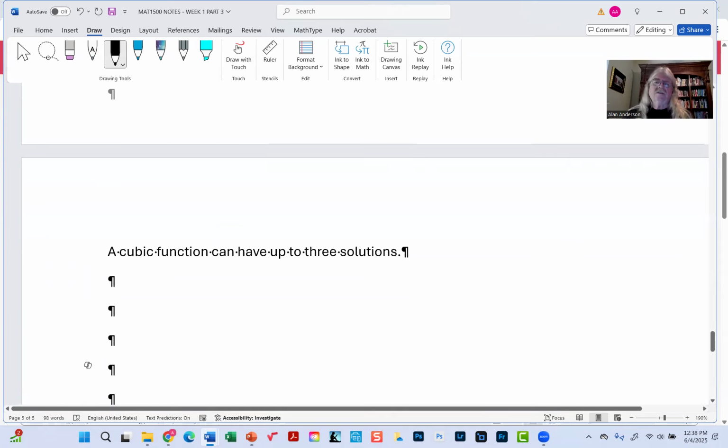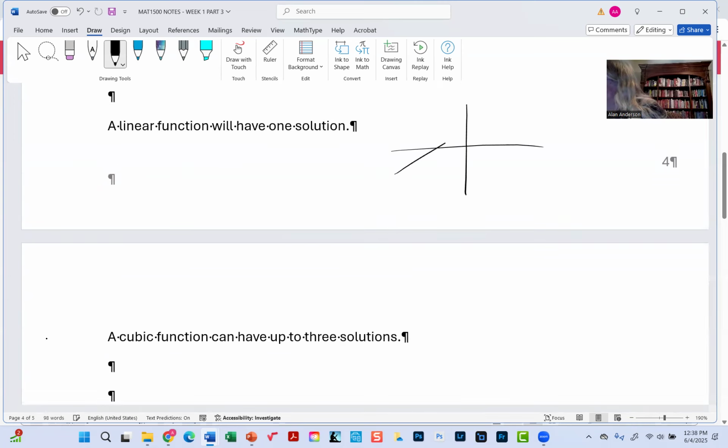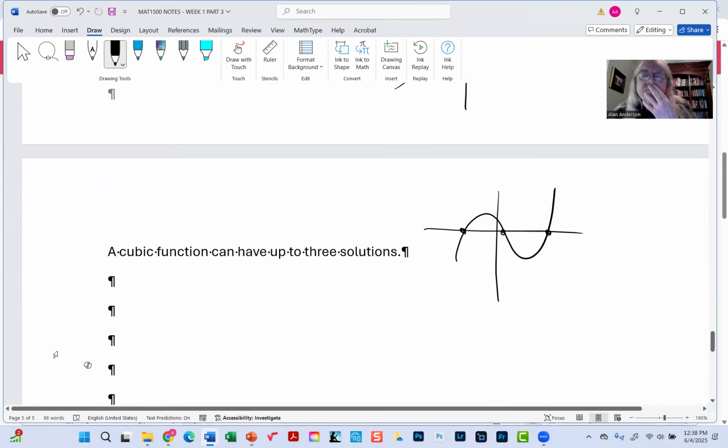Okay, so in other words, a linear function would look like this. A cubic, if it crosses through, like this one, has three solutions. And so the number of solutions depends on the degree of the polynomial.